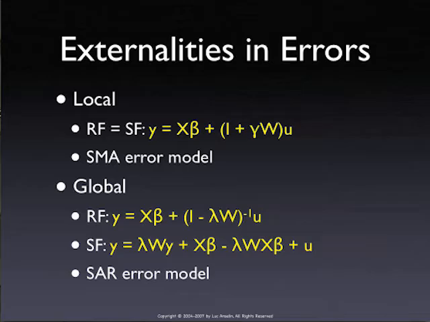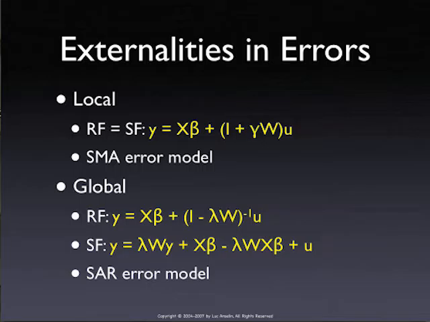If you have global externalities in the unobservables, then the reduced form would have this inverse term here. If we work it out, what we end up with is what we thought we would end up with, a SAR error model. So this just puts it in a different way, what we've seen a number of times already. The moving average is local, the autoregressive is global. Okay? These are both very familiar type models.